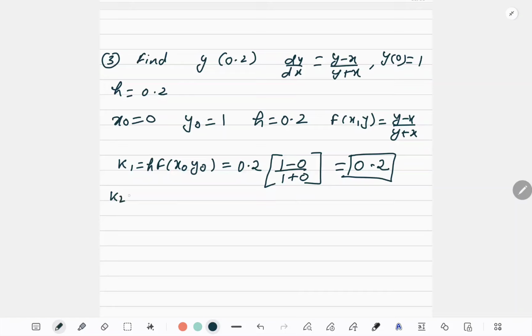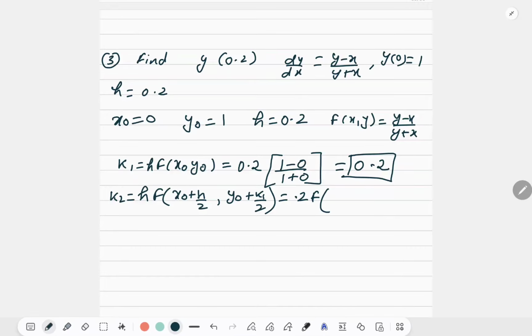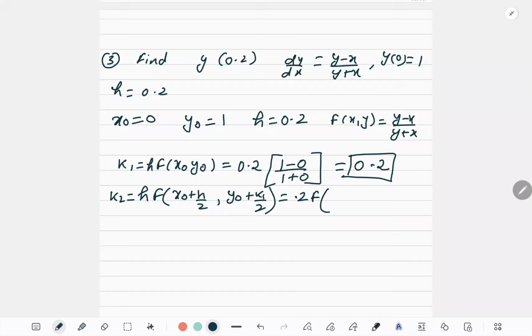Then go to k2. k2 is h f of x0 plus h by 2, comma y0 plus k1 by 2. So 0.2. Now let me put the value x0 plus h by 2. So 0 plus 0.2 by 2, so 0.1, comma y0 plus k1 by 2. y0 is how much? 1. And k1 by 2, what is k1? 0.2. 0.2 upon 2 is 0.1.